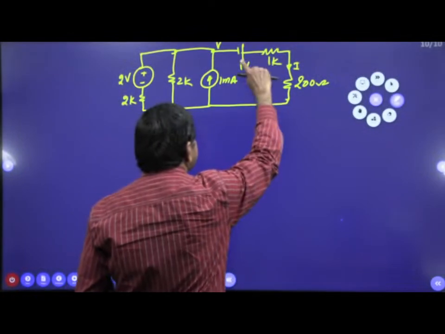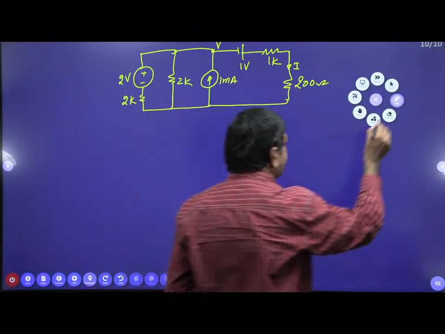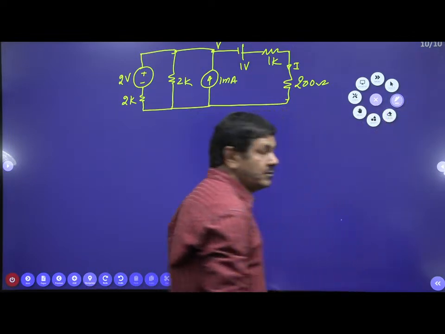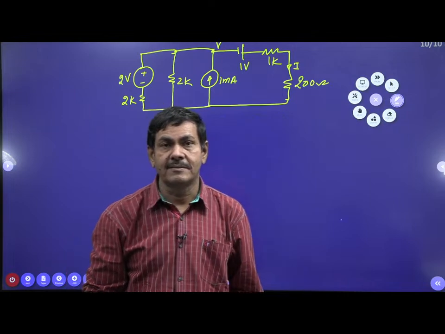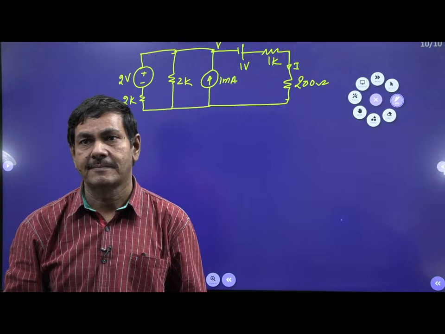Once you know this voltage, you can measure the current easily. The current passing through 200 ohms you can measure directly. Please try first to form the nodal equation.